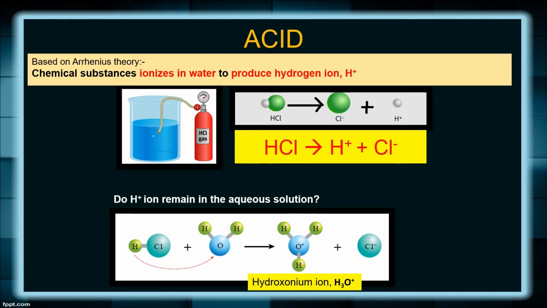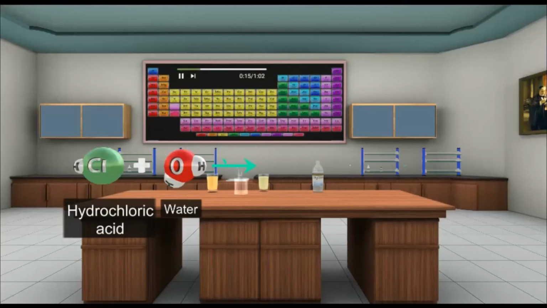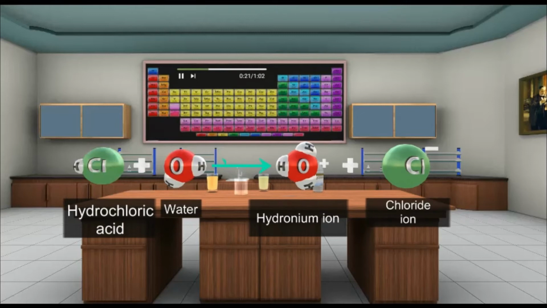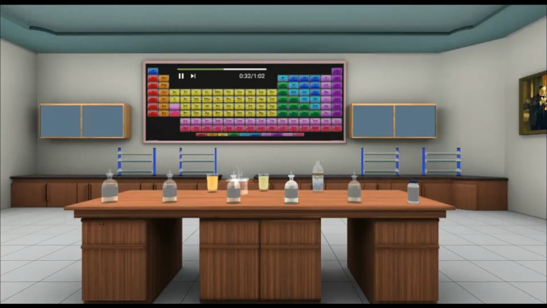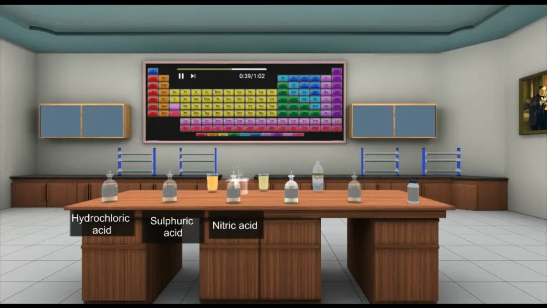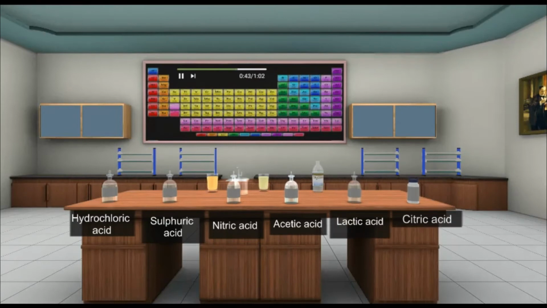Thus, the chemical substance that ionizes hydrogen ion or hydronium ions is called acid. So now let's look closely at the ionization of hydrochloric acid in water. Here are examples of acid: hydrochloric acid, sulfuric acid, nitric acid, acetic acid, lactic acid, and citric acid.